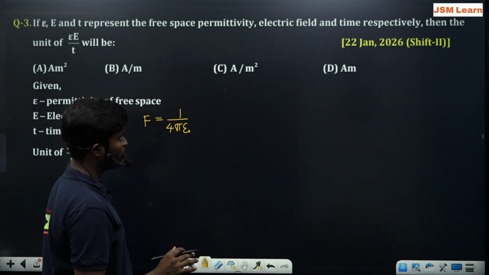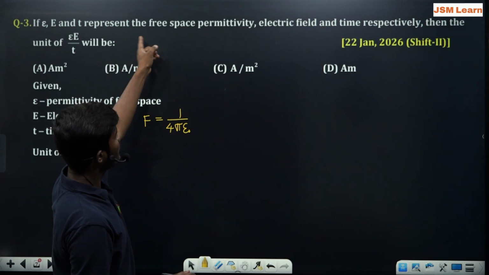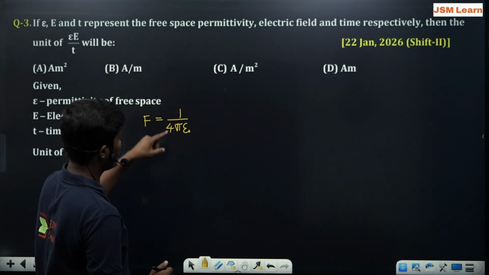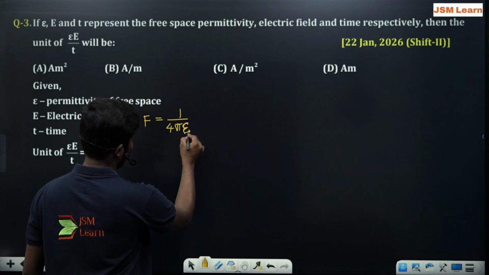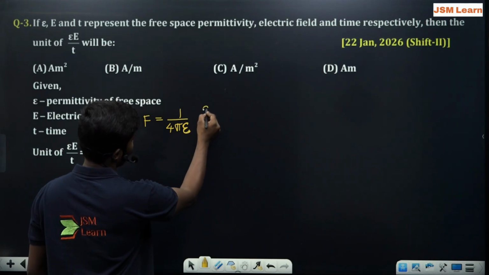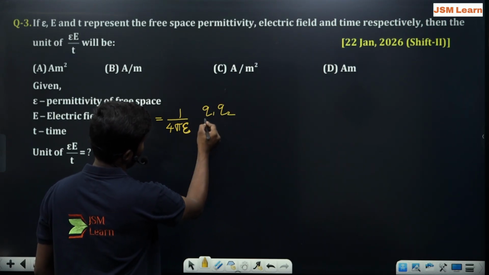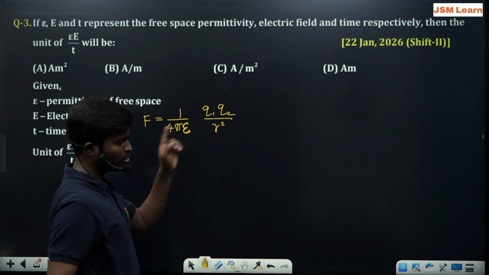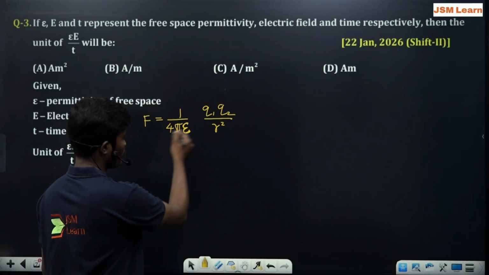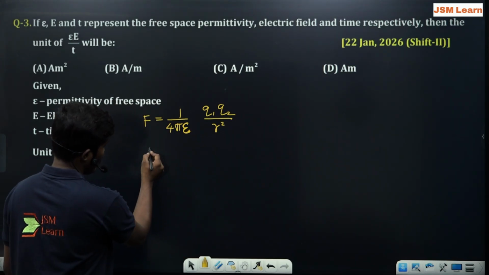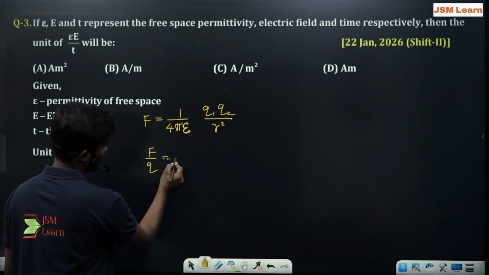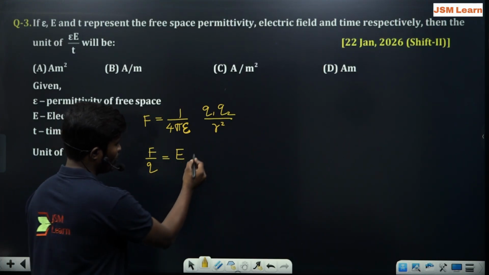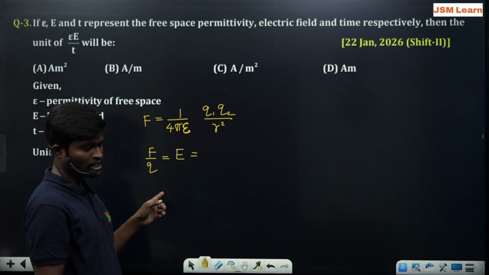If it is not in free space, here in the question the free space permittivity is just epsilon. So we can write epsilon here into q1 q2 by r square, where r is the distance between the two. From this equation I am writing F by Q, which is nothing but the electric field, the force acting upon a charge.